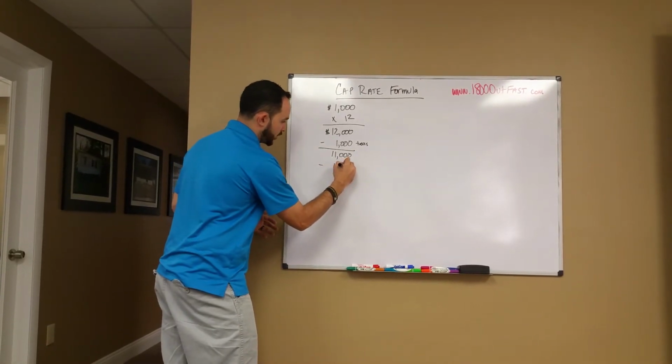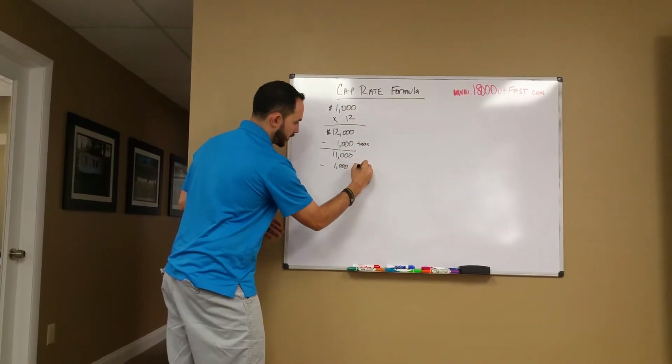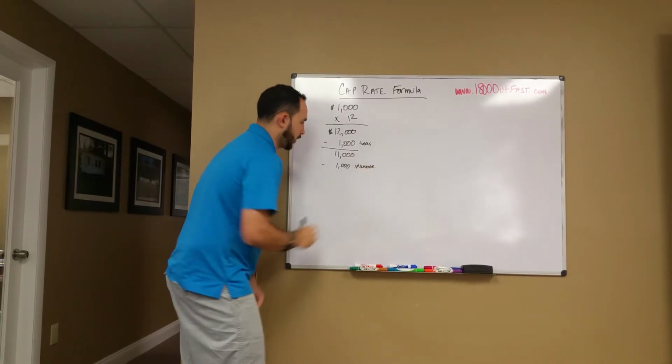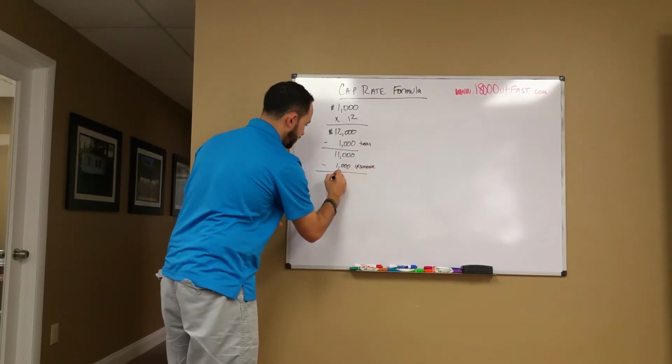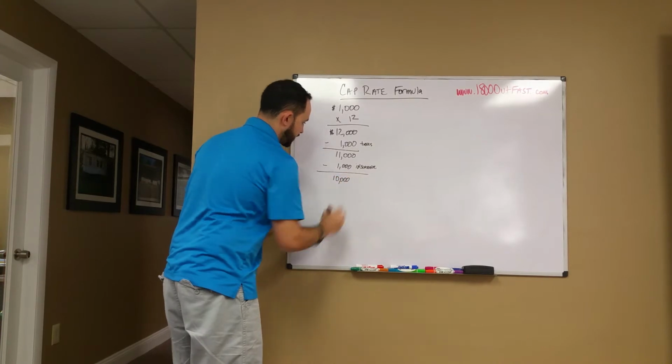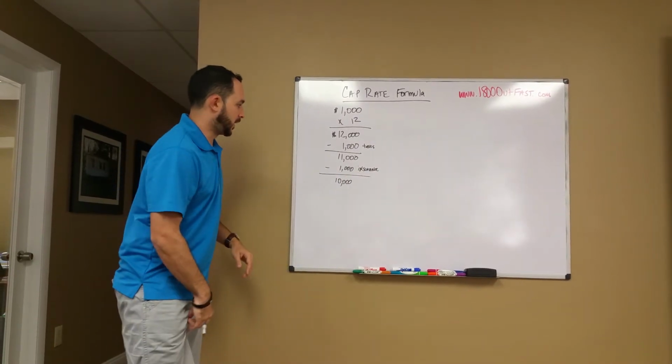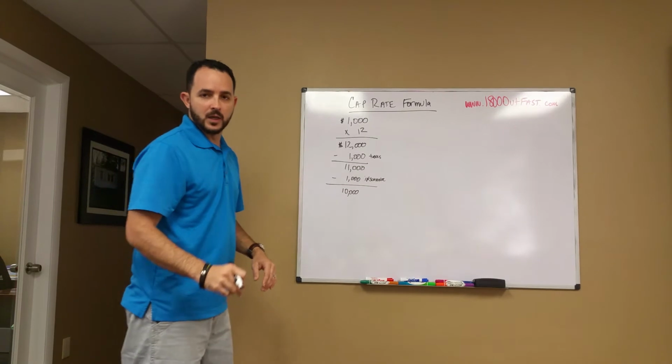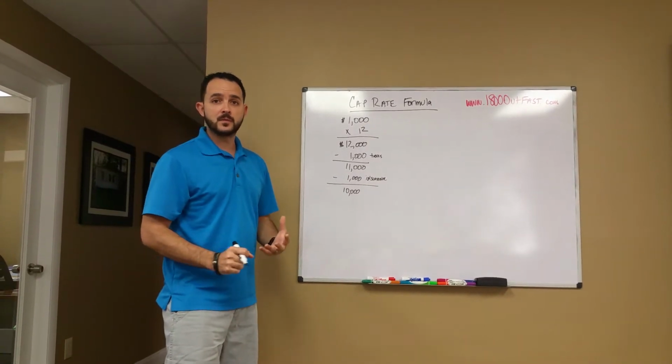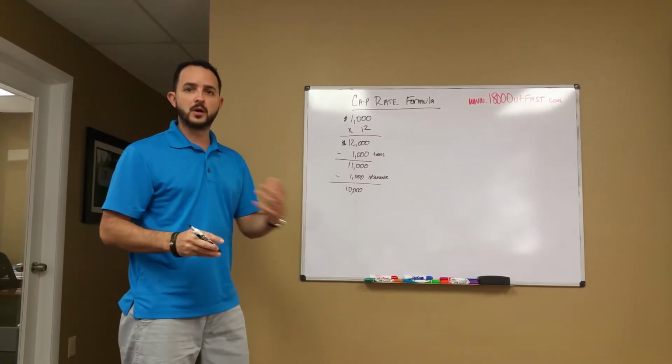You need to take out your annual insurance. You should always be putting insurance on all of your rental properties. Now we're down to $10,000 in annual income from that. You need to have property management on your properties. Not all of our buyers do.